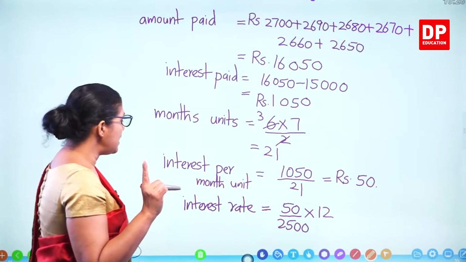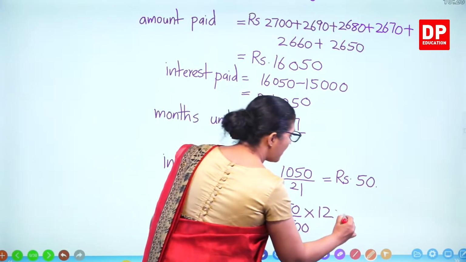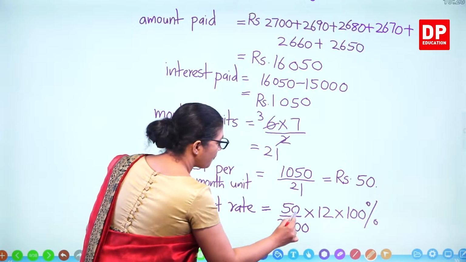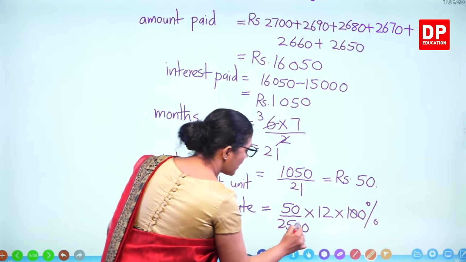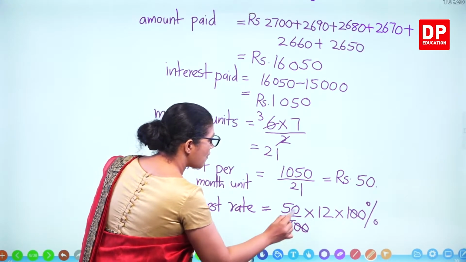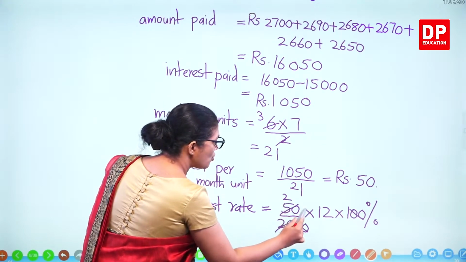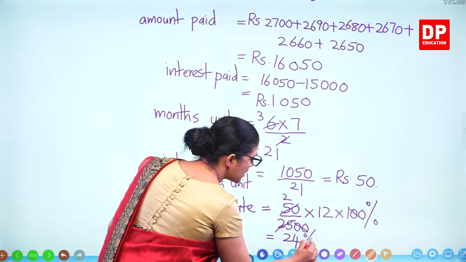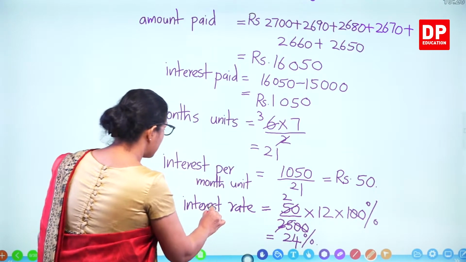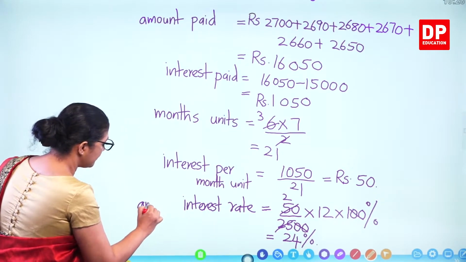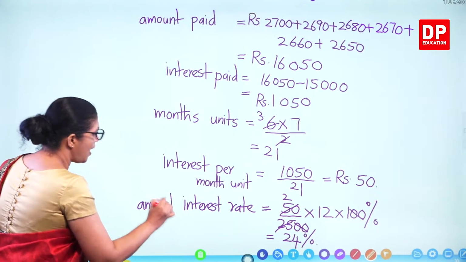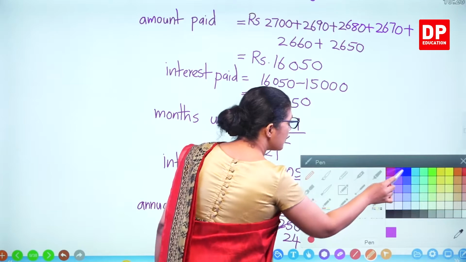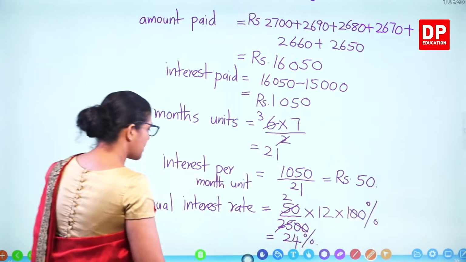We need annual interest rate and 100%. 2 zeros get cancelled out with this. 25 times 2. 2 times 12, 24% is the annual. This is annual interest rate.